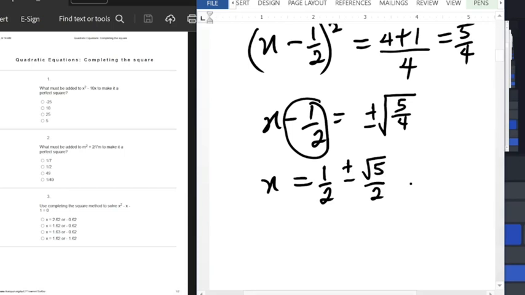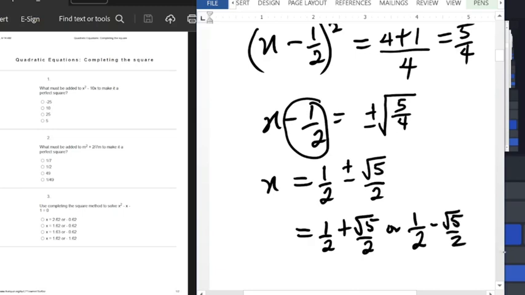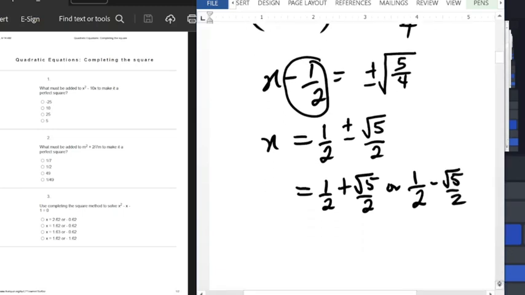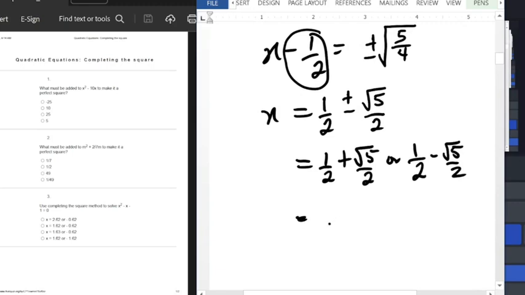The next stage is to simplify. So that will be half plus square root 5 over 2, or half minus square root 5 over 2. This gives us 1 plus square root 5 over 2, or 1 minus square root 5 over 2.